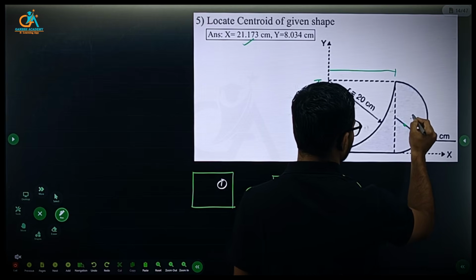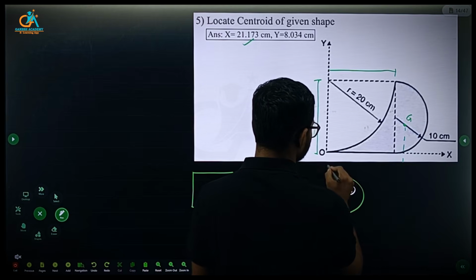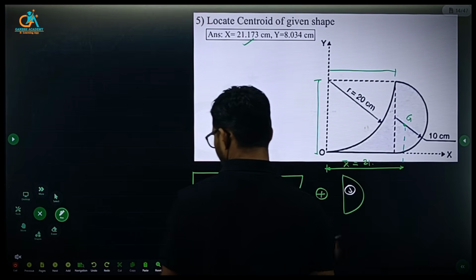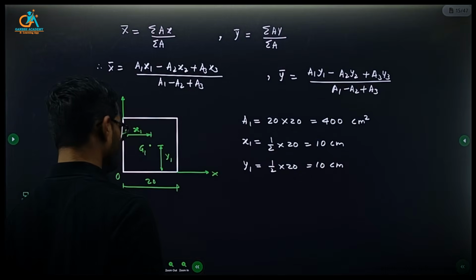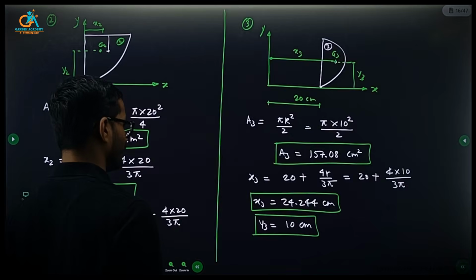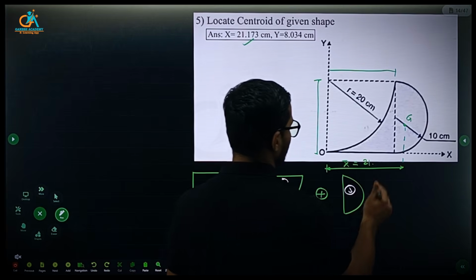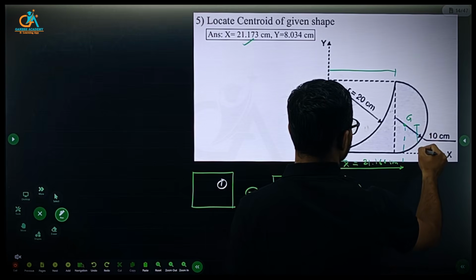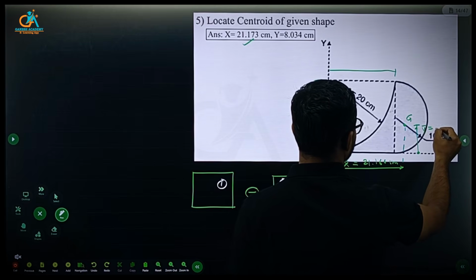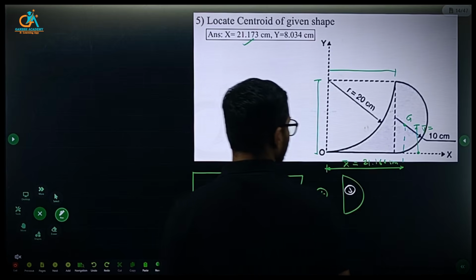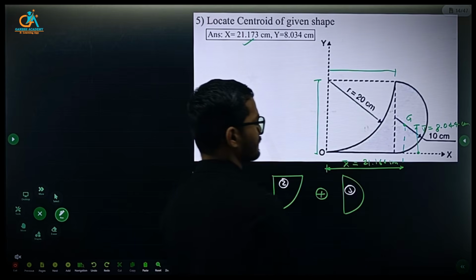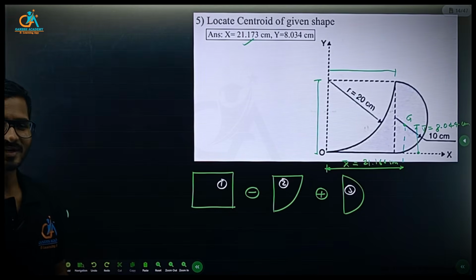Here you can locate the G, where this distance is x bar, 21.166, and y bar is 8.044 सेंटीमीटर. ओके, तो हमने सॉल्व किया सेंट्रॉइड का न्यूमेरिकल.